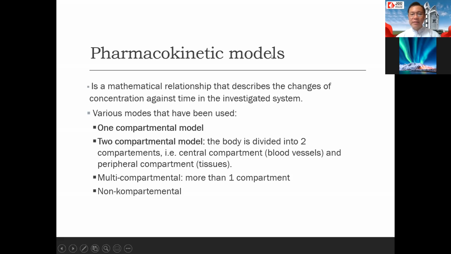So first I will mention some pharmacokinetic models. As you know, there is the one compartment model, two compartment model, multi-compartment and non-compartment.